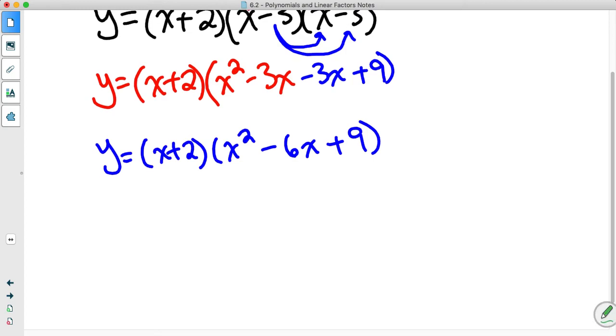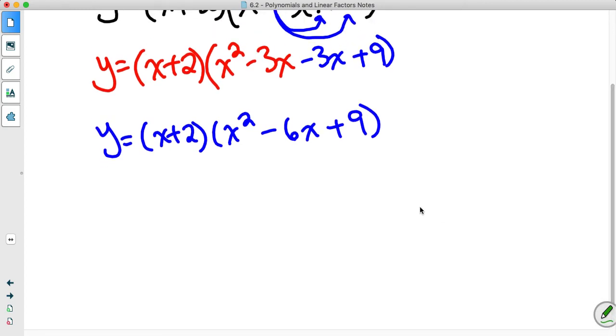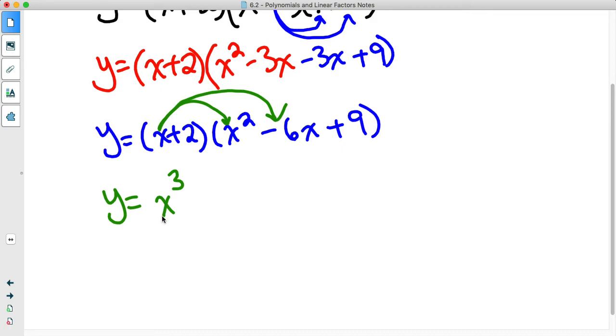Alright, so now I'm ready to start distributing my x plus 2. So x times x squared, x to the third. Sorry, I think I said x times x. That's x times x squared. And then x times negative 6x gives me a negative 6x squared.